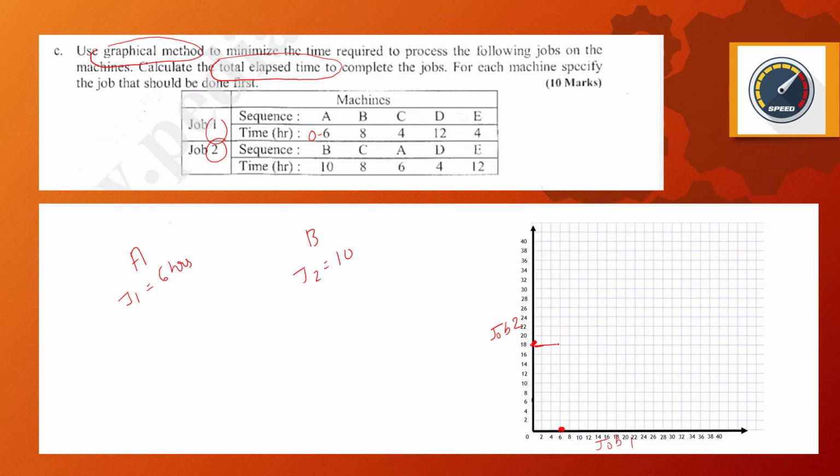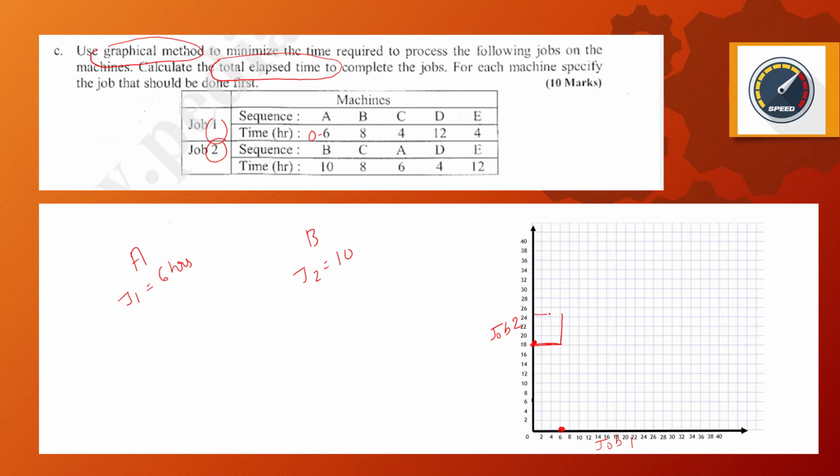So that is here 6 hours. And similarly, job 2 will remain again 6 hours on machine A. So the horizontal line represents the processing time of job 2 here.